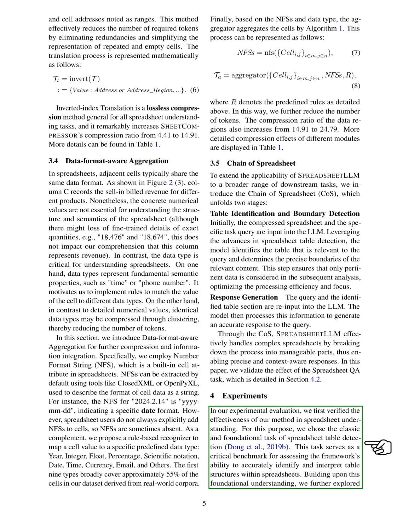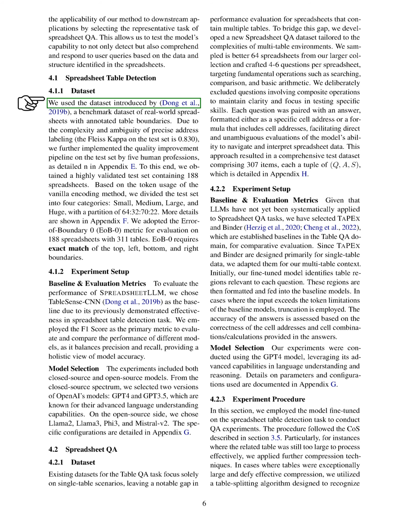In our experiments, we validated the effectiveness of our method in spreadsheet understanding, starting with spreadsheet table detection. We then explored its applicability to downstream applications like Spreadsheet QA, testing the model's ability to detect, comprehend, and respond to user queries. We used a benchmark dataset of real-world spreadsheets with annotated table boundaries and implemented a quality improvement pipeline to ensure accurate labeling.